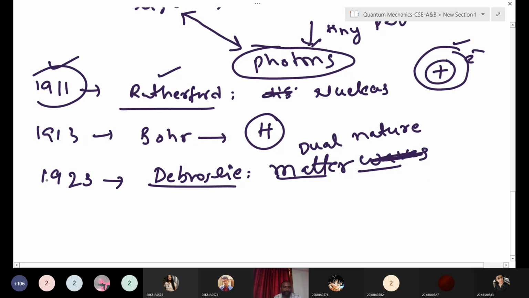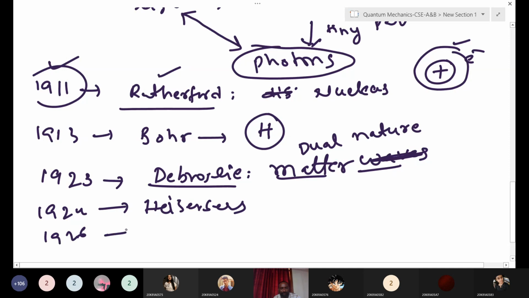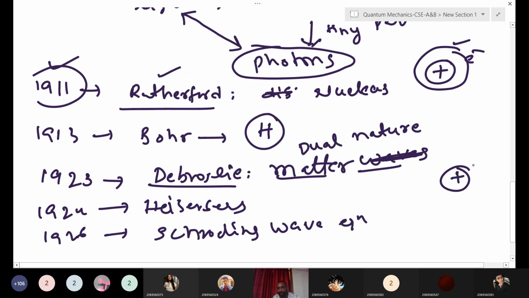After that, in 1924, the Heisenberg model came, and in 1926 the Schrodinger wave equation. He explained it in the form of Schrodinger wave equations. Suppose an electron revolves around the nucleus; what is the wave function of these electrons?